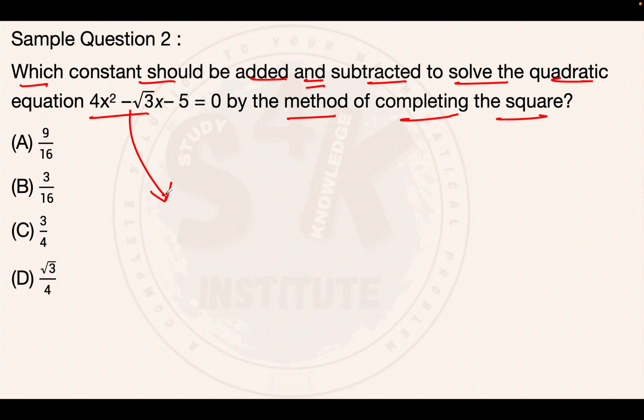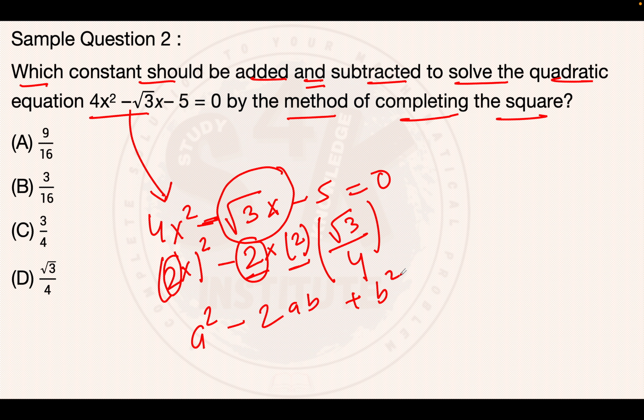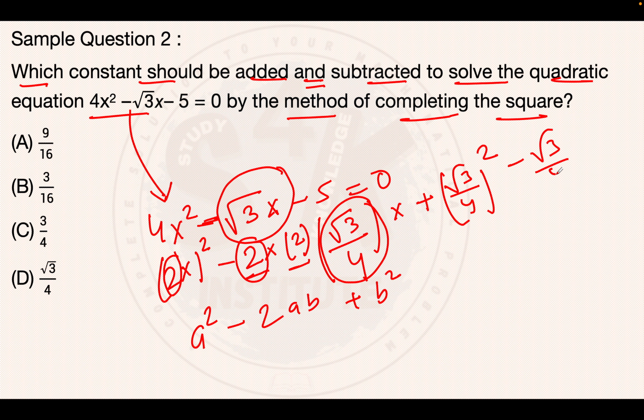See what I'm doing: a square minus 2ab plus b square value, right? And since this is minus 5, this is the value that you have to add. So this will be (root 3 over 4) whole square, and you need to subtract this too, root 3 over 4 whole square, because you cannot add or subtract anything as per your wish. You have to maintain the equality in the equation, right?